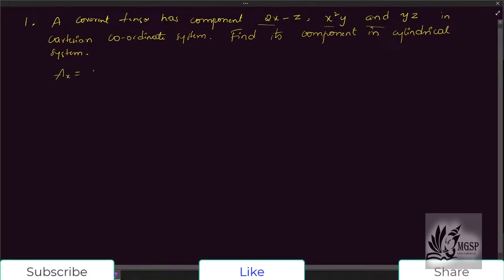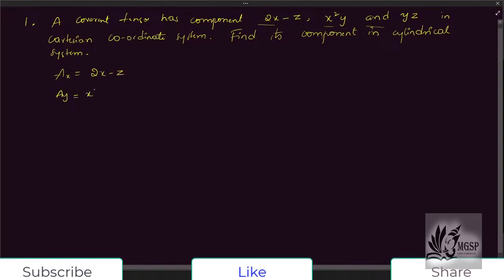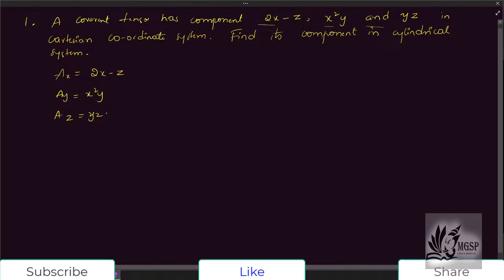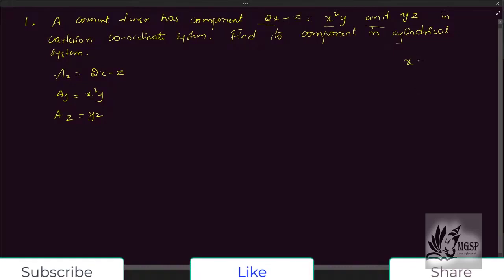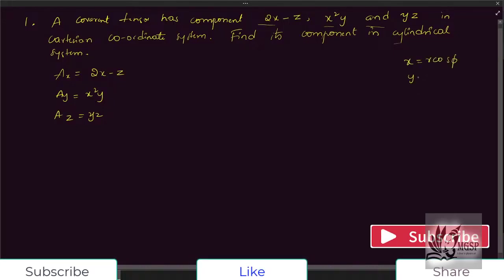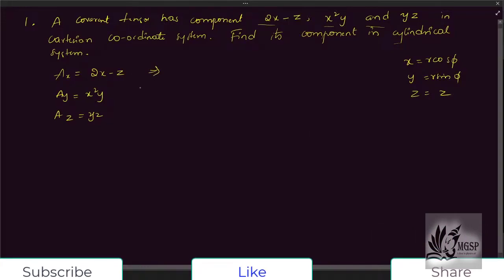I will write ax as the x component, ay component, az component. Now what they are asking is to find the cylindrical component. So in cylindrical, x is equal to r cos phi, y is equal to r sin phi, z is equal to z. Now just put in this equation.